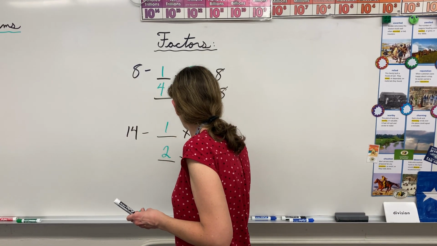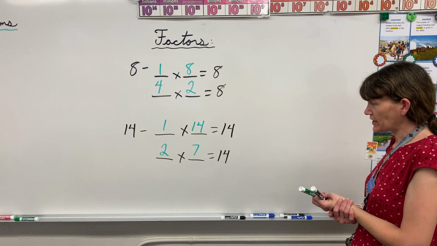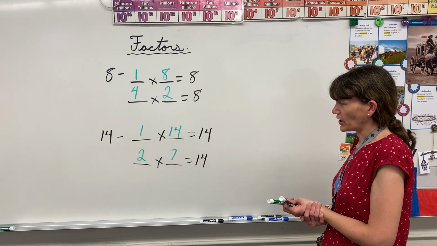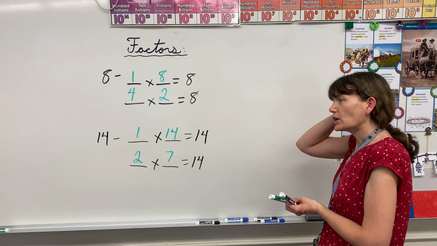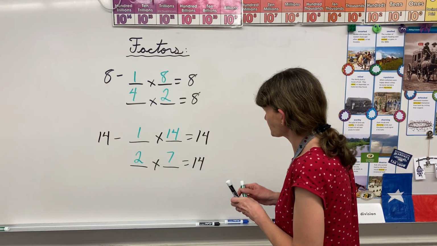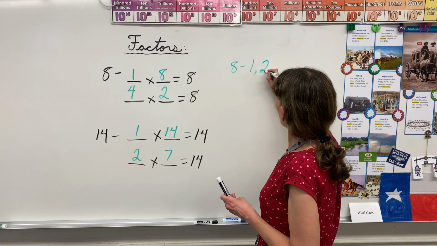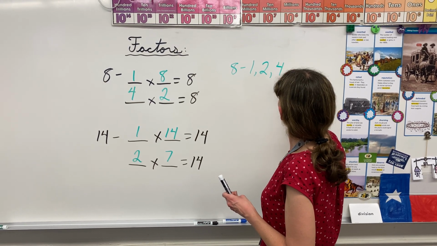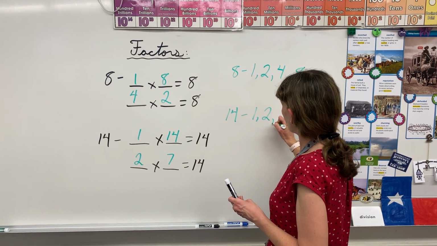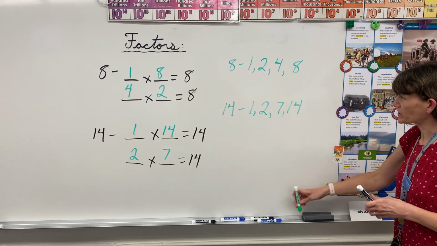And then 2 and 7 equals 14. Anything else we can think of? Let's see, 3 times 4 is 12, 4 times 4 is 16. No, I think that is it for 14s. So let's take a look. For 8, your factors are 1, 2, 4, and 8. And for 14, we have 1, 2, 7, and 14.